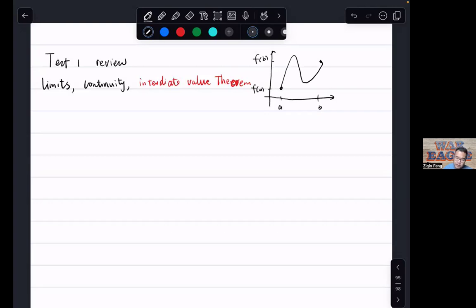And so if the function is continuous, now what's the meaning of that is, right, the limit of the function value equals the function value at the point, right?